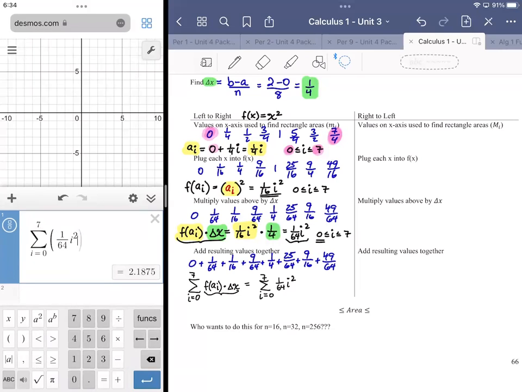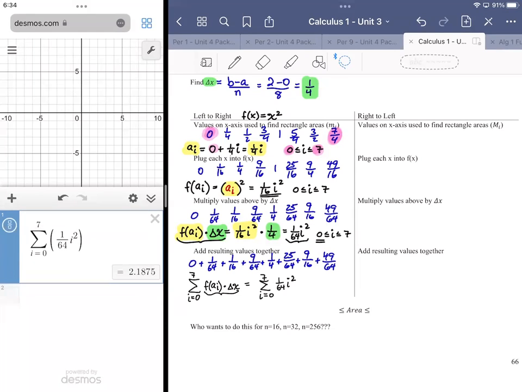So 2.1875 approximately. Well, exactly, because that's a decimal value. But that would be our low bound. And that's what you would get if you added up all these values here. All right, so 2.1875.